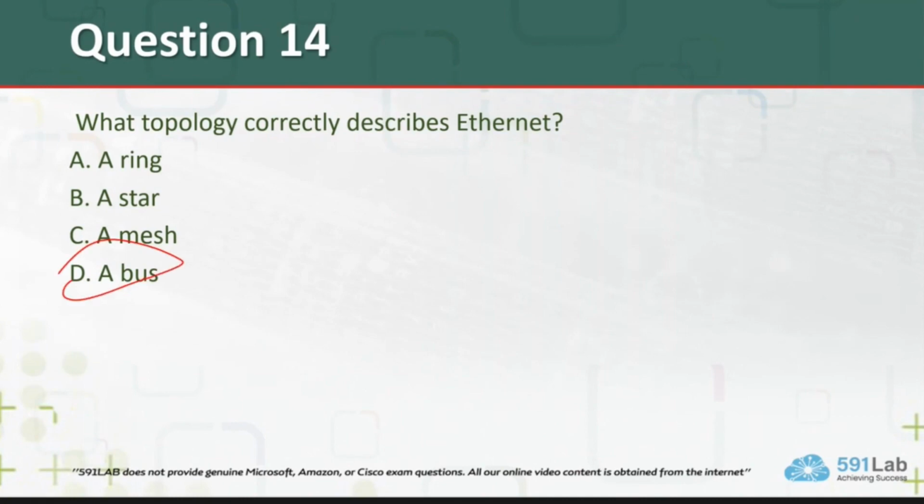While devices may be physically connected to the switch in a physical topology that looks like a star, systems using Ethernet can all transmit on the bus simultaneously, possibly leading to collisions. So if we are talking about Ethernet, its topology should be described as a bus topology.